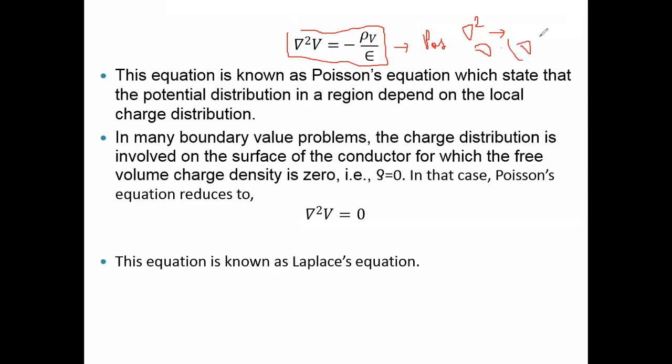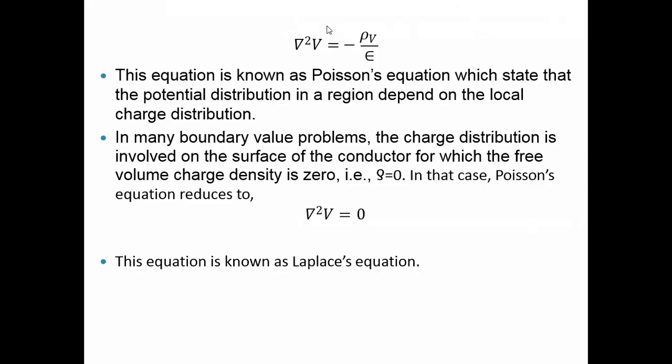So this is gradient, del f or del v, and after taking the gradient, we are taking the divergence. Am I clear? So this equation, del square v is equal to minus rho v upon epsilon, is called the Poisson's equation. Any doubt?